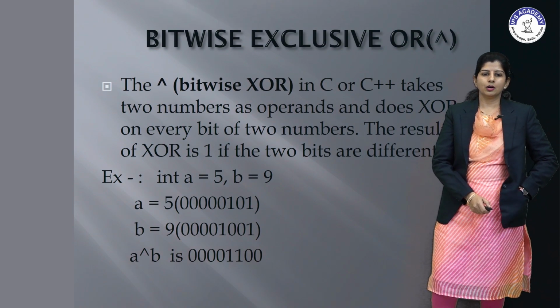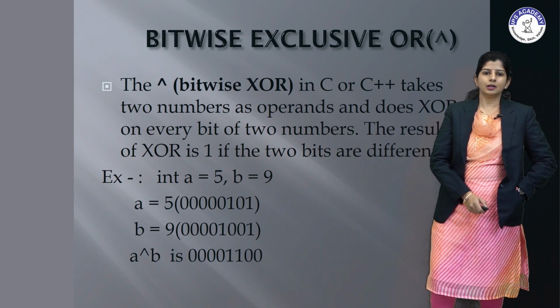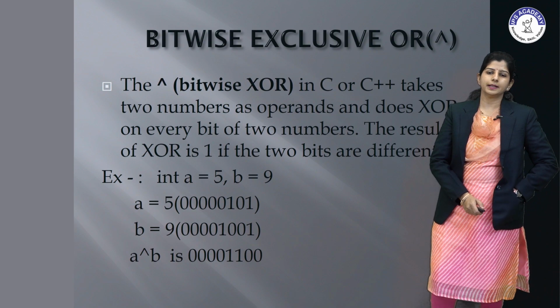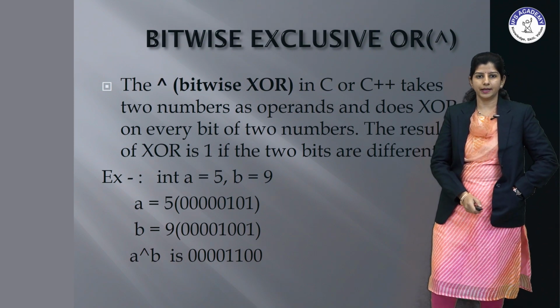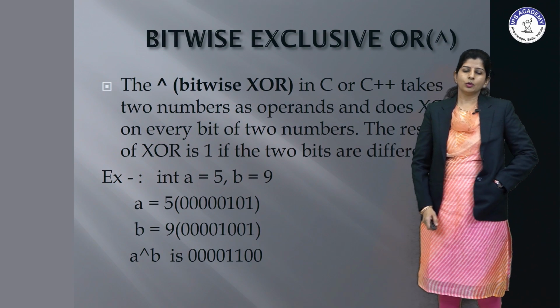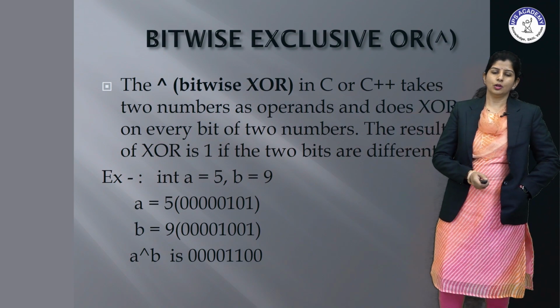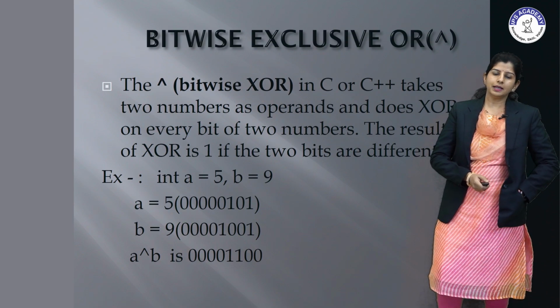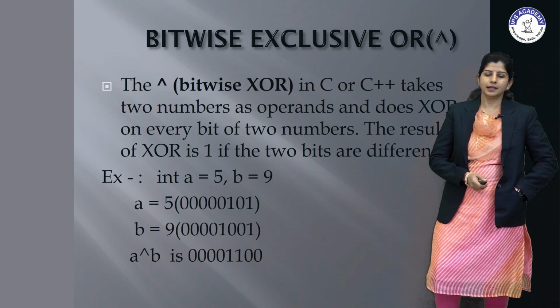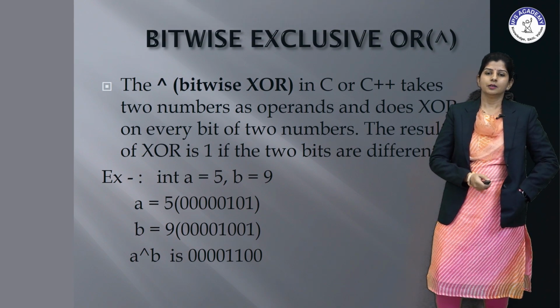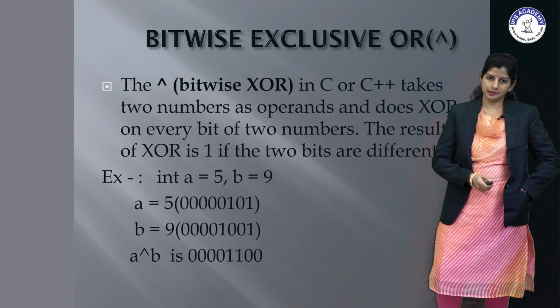Why? Because in the OR operator, we already learned that if any one is 1, then we get 1. But in the XOR, that is exclusive OR, if both are 1, then I do not get 1. Means the binary number of 5 is this, and the last bits are 1 and 1. If both the values are 1, then the result is not 1 but 0.